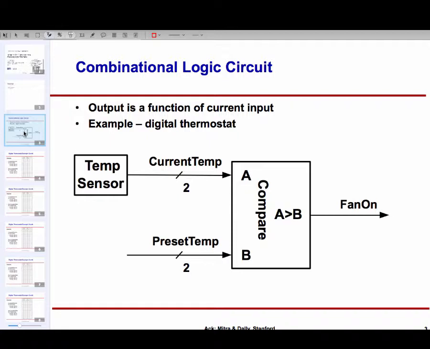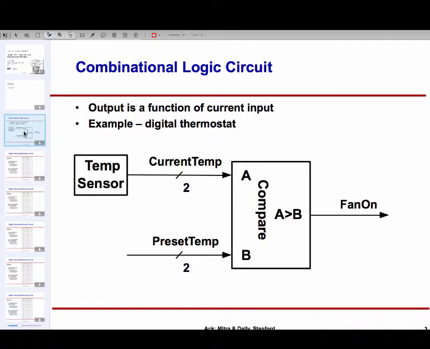So for example, you might imagine a simple system to control a fan in an AC system, and what it might do is take a reading from a temperature sensor, which has been appropriately digitized, as well as a preset temperature. Usually in thermostats, there's some way for you to express what temperature you want, and the idea is that I compare the current temperature against the preset temperature.